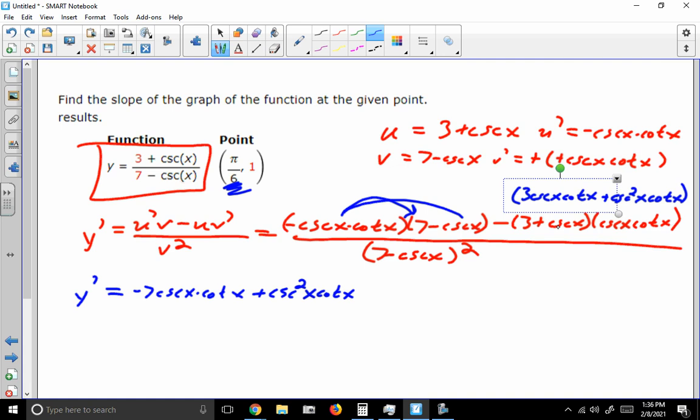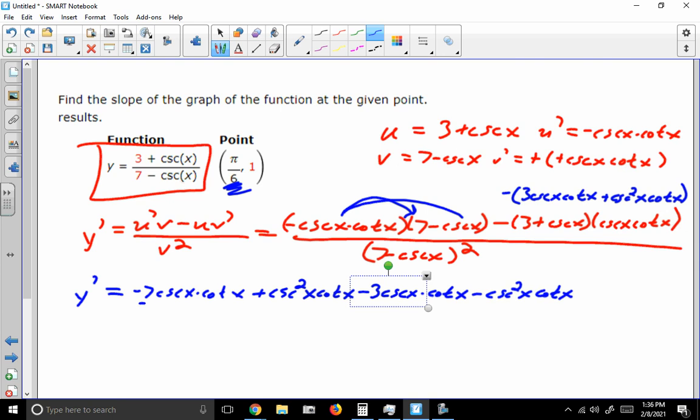This times those will be cosecant squared cotangent. This times those is 3 cosecant cotangent. And then there's a minus in front of that, so that's going to be -3 cosecant cotangent, and then minus cosecant squared cotangent.